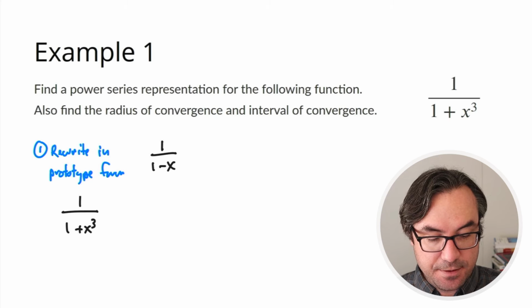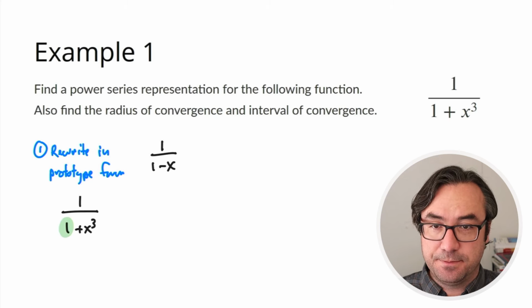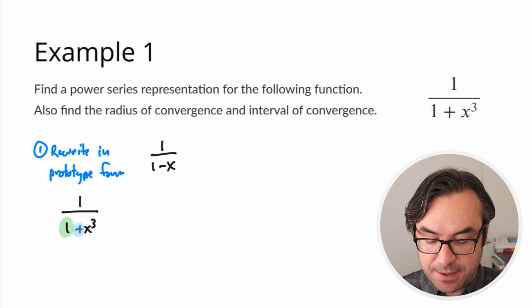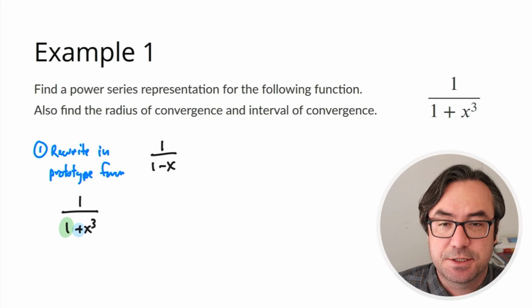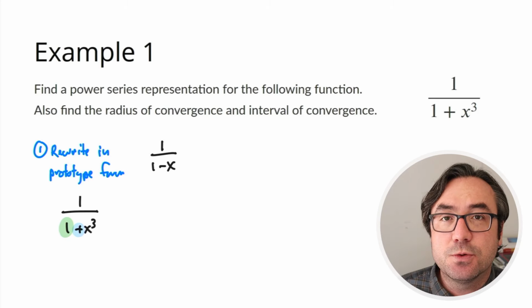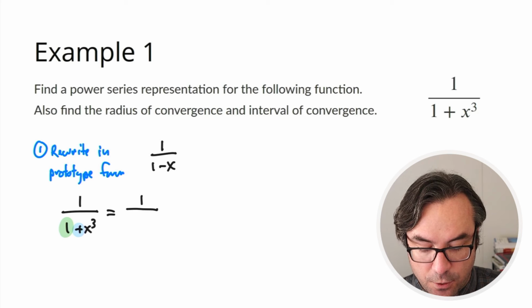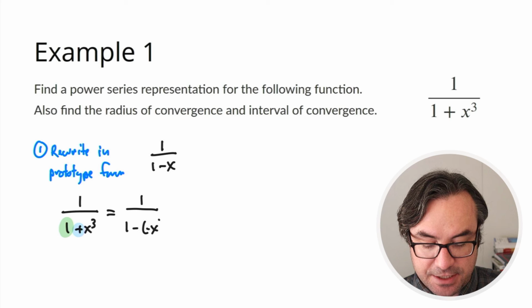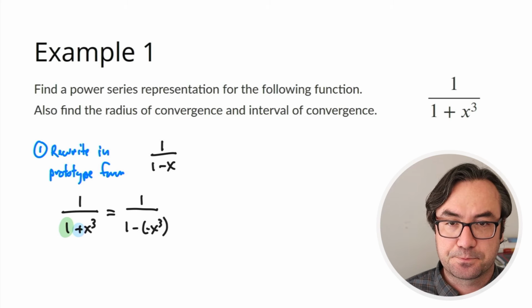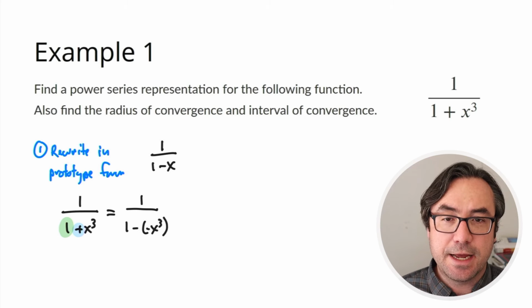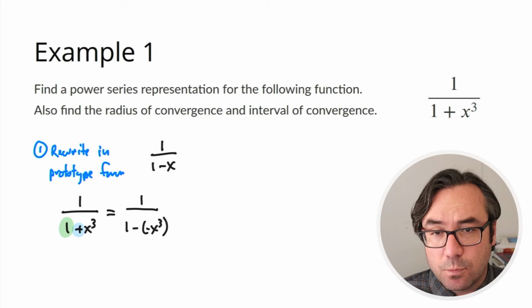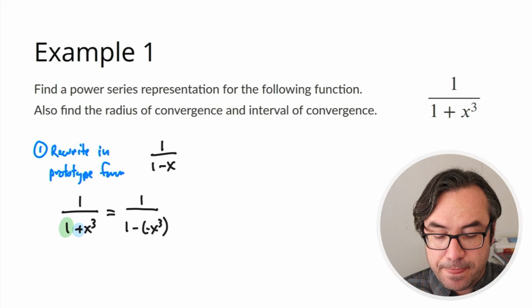The 1 is good, but we have to do something about that plus sign. We need to make that into subtraction. So we're just going to make that into a double negative. So we end up with 1 over 1 minus negative x cubed. And at this point, we're ready to go.